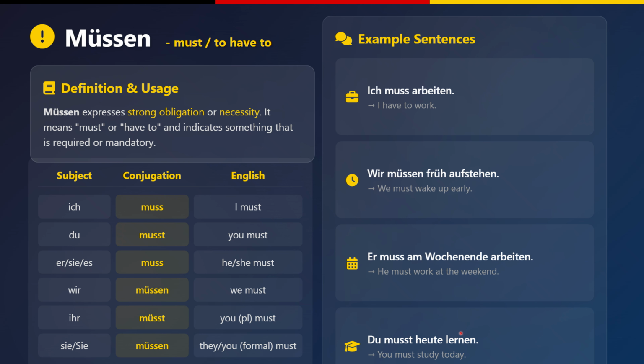Du musst heute lernen, which means you must study today. Notice again the irregular singular forms with no endings on muss. Müssen is the strongest modal. It leaves almost no choice. Use it when something is really necessary or mandatory.